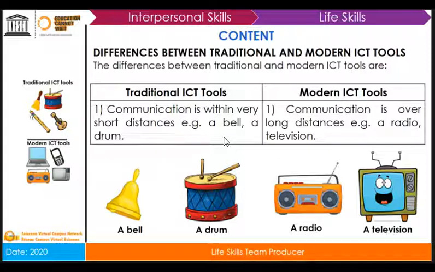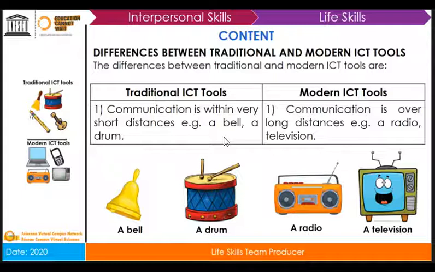Now, look above and you will find images of different ICT tools. The first is a bell, the second is a drum, and a bell and a drum are traditional ICT tools.